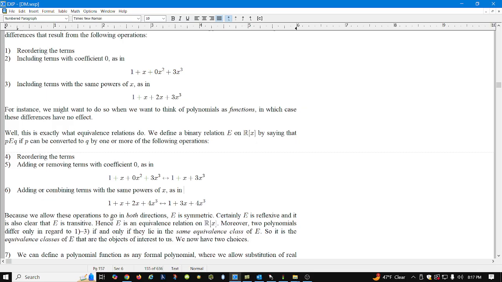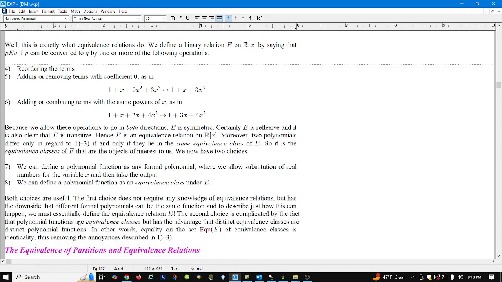So it's the equivalence classes of E that are the objects of interest here, because we have removed these annoying possibilities of zero terms and reordering by squishing everything into equivalence classes. Well, we've got two choices really in practice.